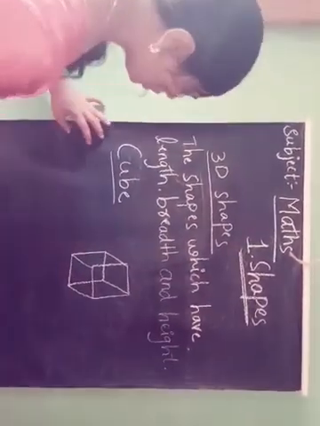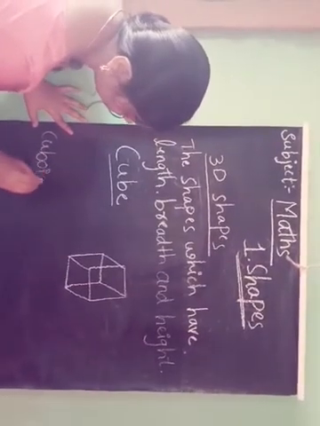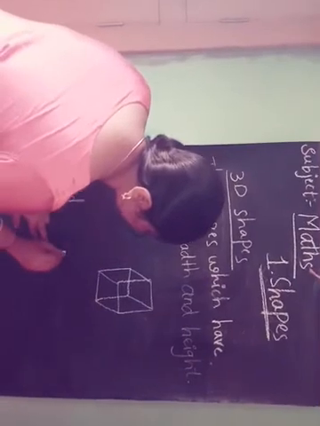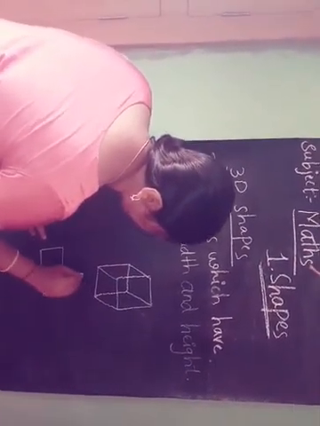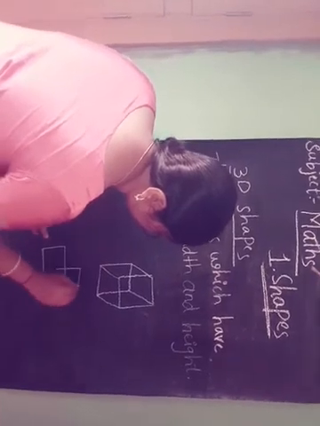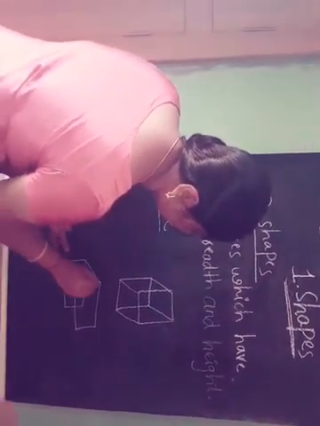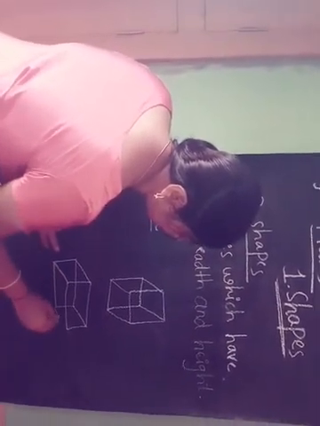Cube. Now cuboid. Cuboid is a rectangular shape. Now join the corners. It is similar to a cube.